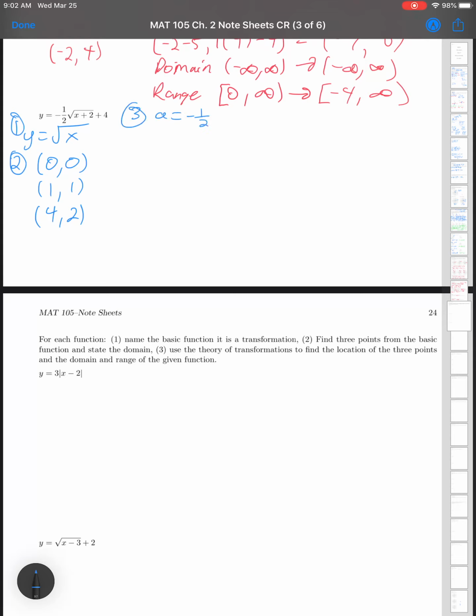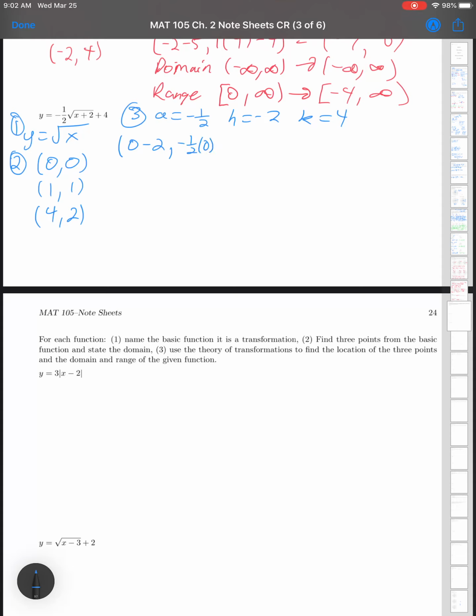So then for part 3, we can tell what our a is, which is -1/2. Our h is -2, and our k is +4. And then we just use the information at the top of the page to plug in this information. So our new ordered pairs, it's our old x plus h, so in this case -2.